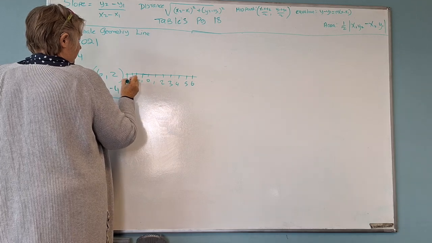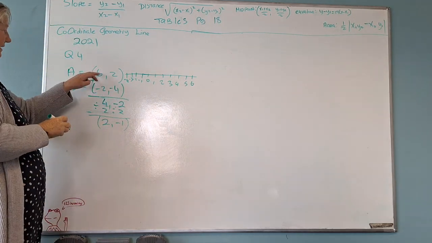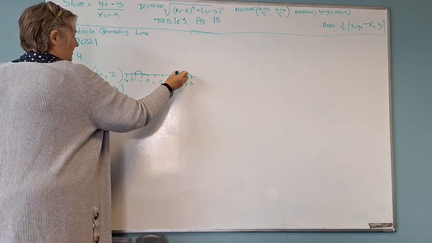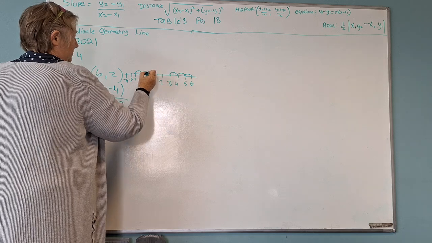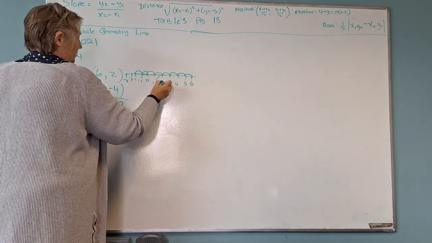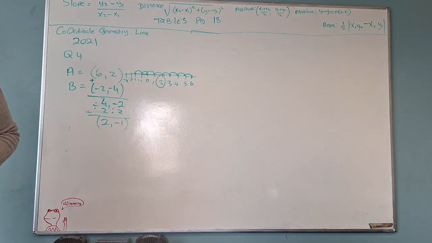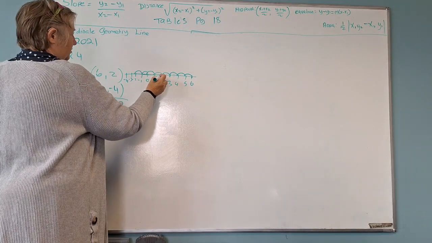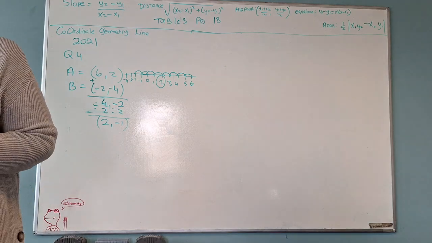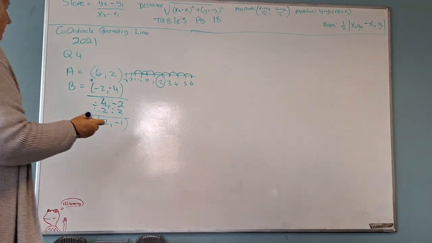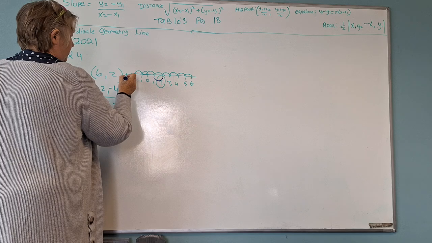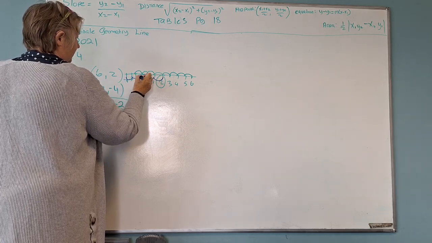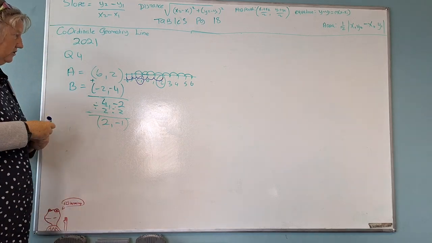You can check 6 to minus 2, you see where they meet, they come together at 2. Okay, that's another way of doing it. 2 to minus 4, go back 1, forwards 1, and they meet here at minus 1. So your point is (2, minus 1).